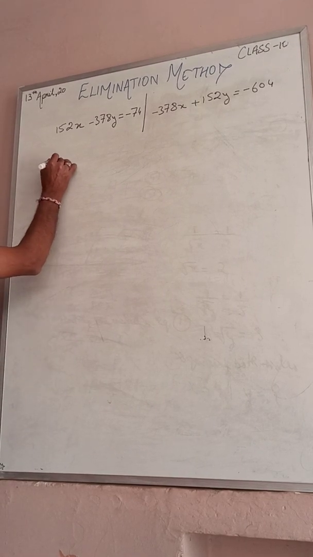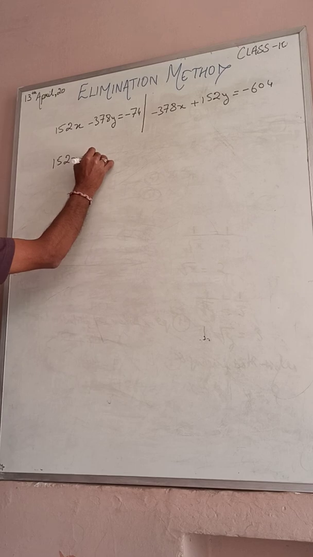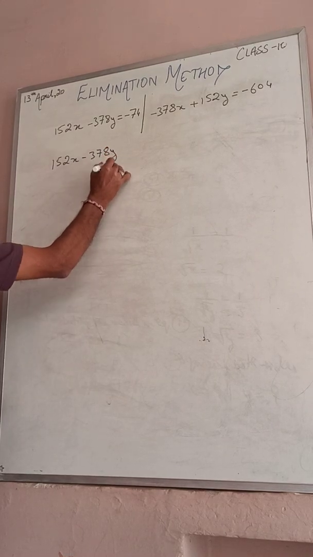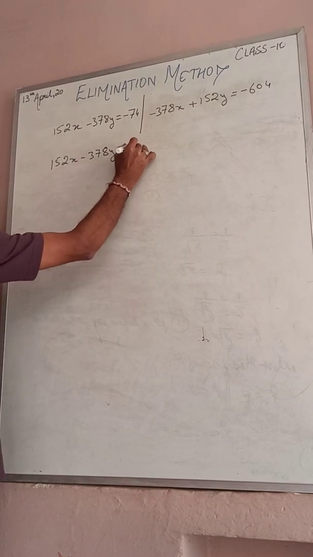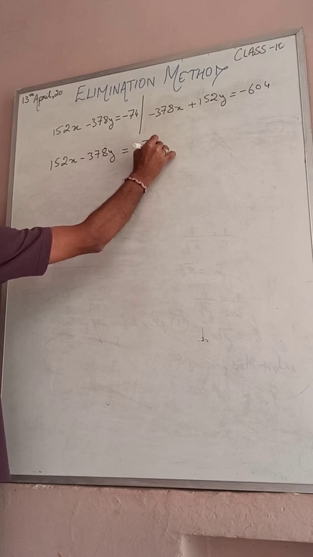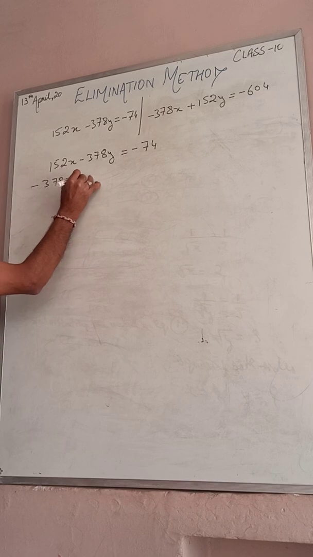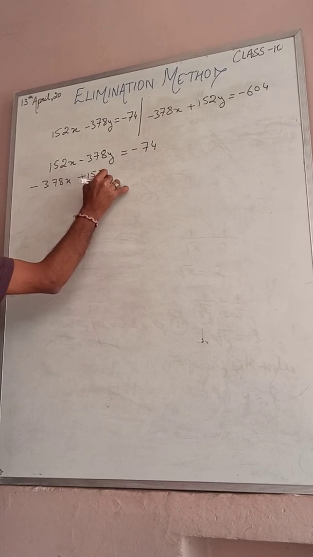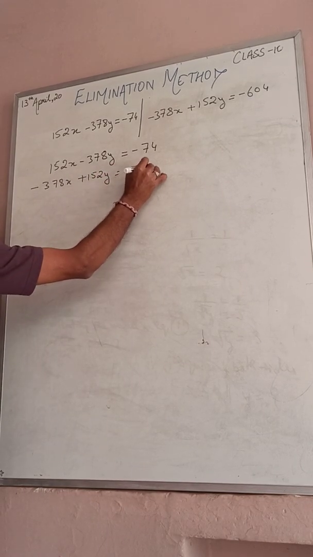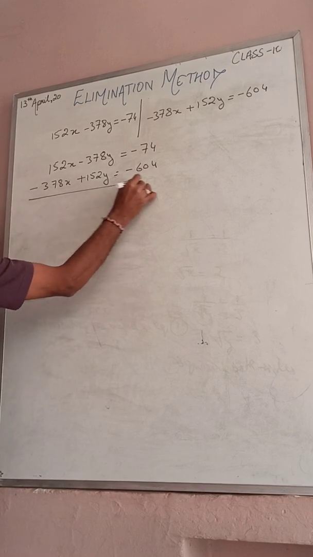First, write the two equations, that is 152x minus 378y equals minus 74 and 378x plus 152y equals minus 604, and add them.